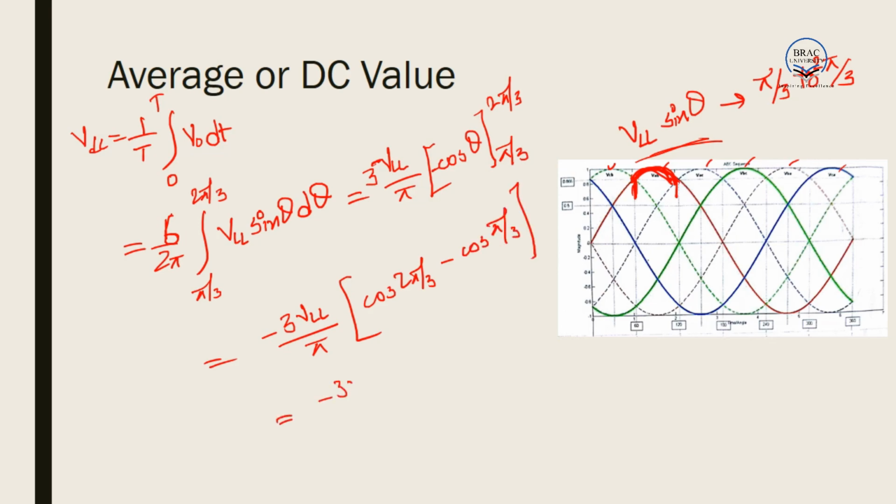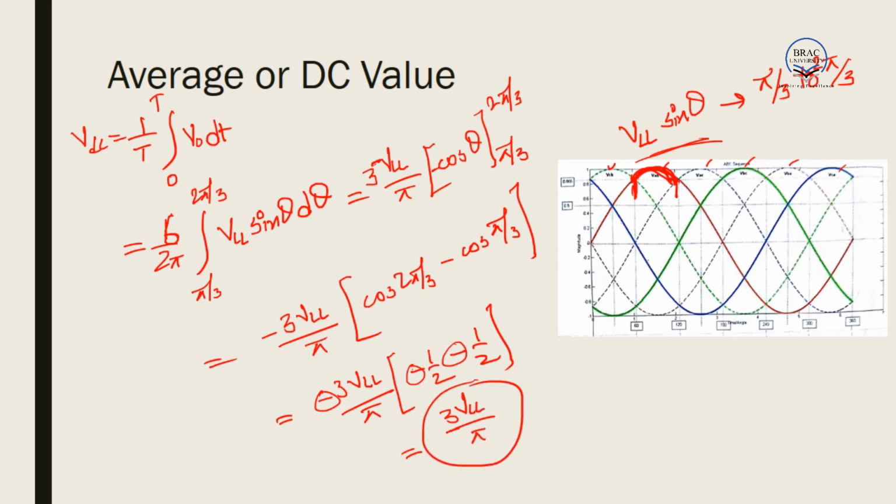Now cos 2 pi by 3 is equal to cos 120 degree, which is equal to minus half. And cos pi by 3 is equal to cos 60 degree, which is equal to half. So we will have this minus and this minus, and the minus will become plus. We will have 3 VLL divided by pi. This is the expression of VDC.